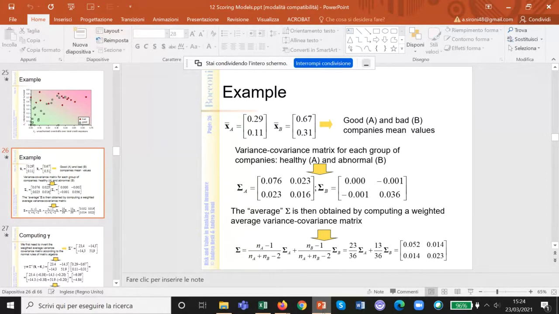And then we compute the variance-covariance matrix for each group of companies, i.e. the healthy ones, the good ones, and the bad ones, okay?